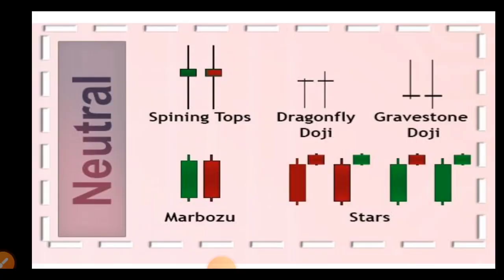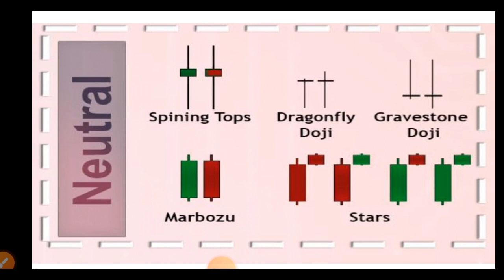So now let's move to the next aspect of candlestick. We have the neutral. In the neutral, we have the spinning tops, the dragonfly doji, the gravestone doji, the marubozu, and the stars. You can find them in both bullish and bearish candles. The marubozu has a full body.